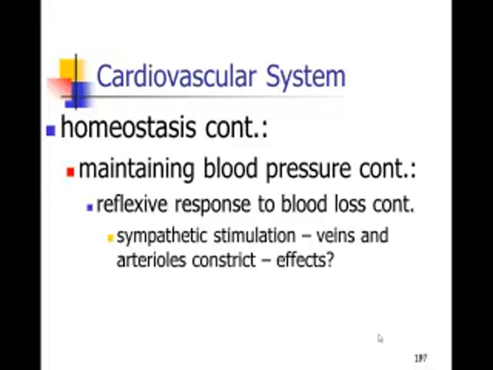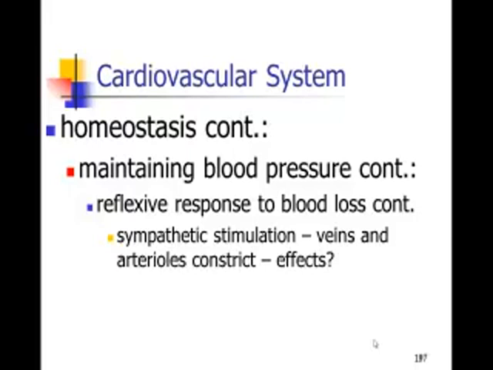So what happens during this response is you get sympathetic stimulation from sympathetic nerves in the veins and arterioles, going to cause them to constrict. What would be the effect if your veins and arterioles constrict? Well, it's going to increase peripheral resistance, and it's also going to pump blood back to the heart.